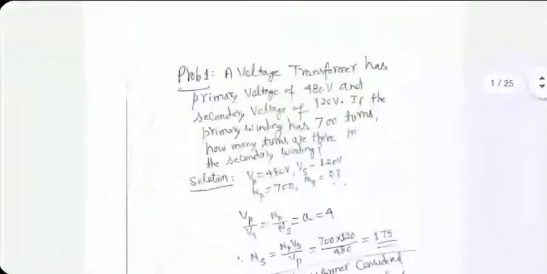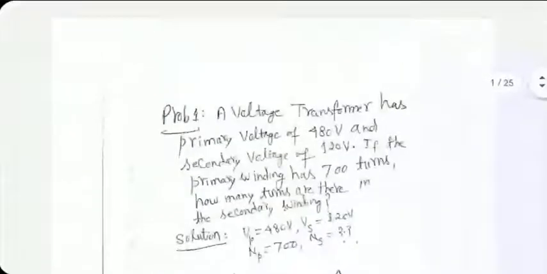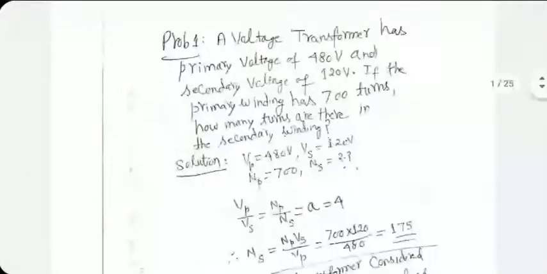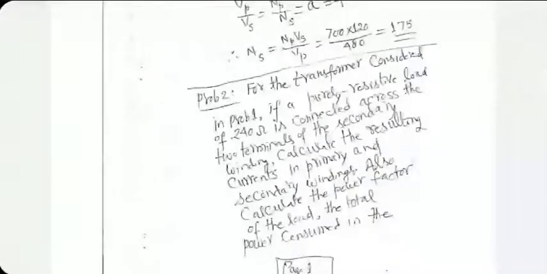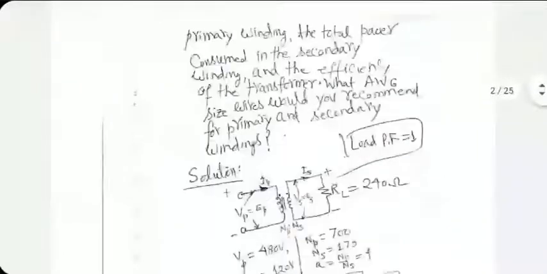Problem 1 says a voltage transformer has so much primary voltage and so much secondary voltage. You are supposed to figure out the number of turns. Very easy, no issue at all. We have done this previously. Then if the same transformer is connected to 240 ohm, how much will be the two currents, and how much will be input and output power?